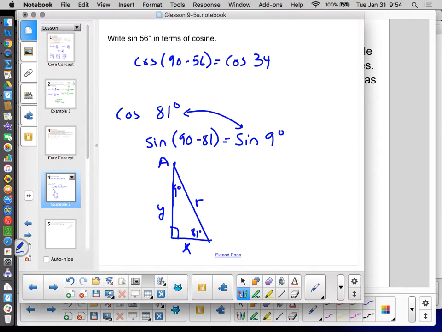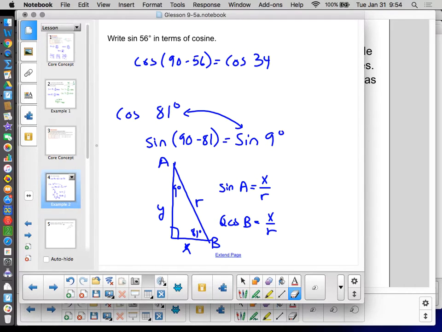Actually, I'm going to switch the X and Y. The sine of angle A is X over R, opposite over hypotenuse. And the cosine of this angle B down here is the adjacent over hypotenuse, which is the same thing, X over R. So it works every time.